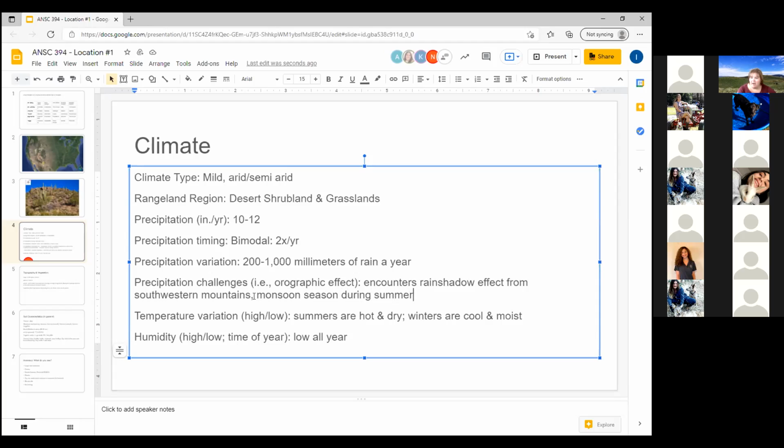Usually by October 1st, most of the time September 1st, the monsoon season is done. So this area gets all of its rainfall in a 60-day period, and that has to take vegetation and grazing for an entire year. So that is one of the bigger challenges, is that we get highly variable precipitation, and we don't get a lot of it in general because we're in the desert.